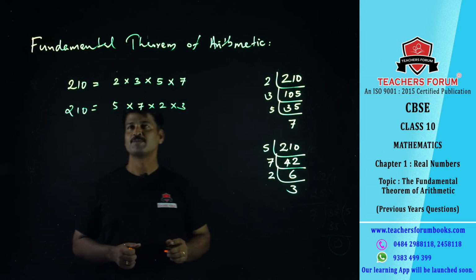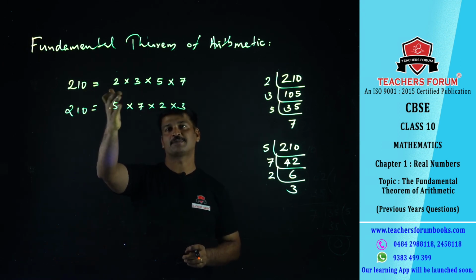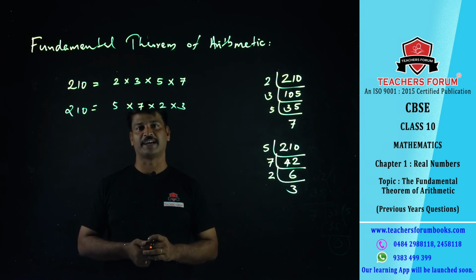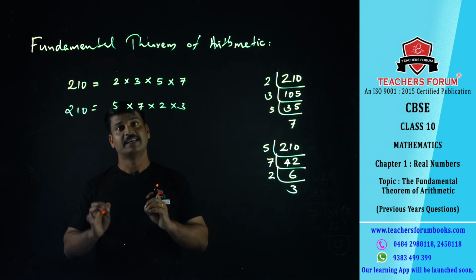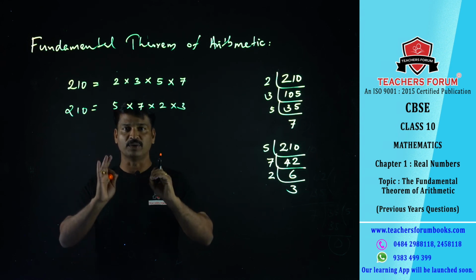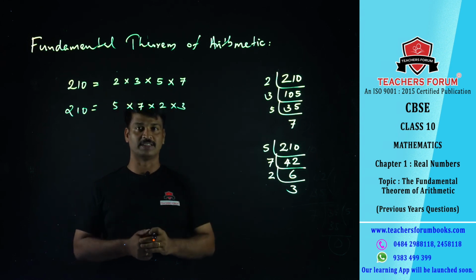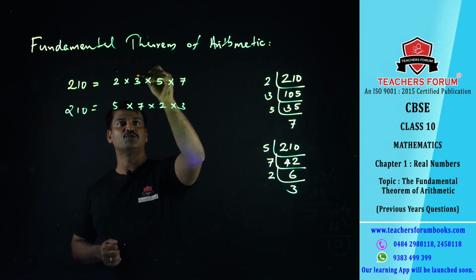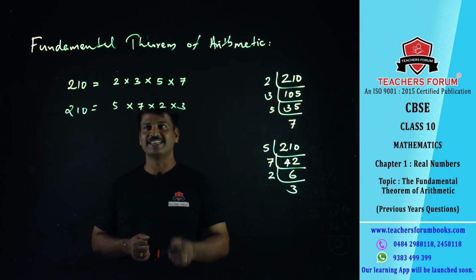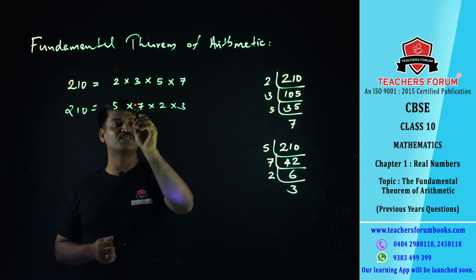That is, every composite number can be expressed as a product of primes, and this factorization is unique apart from the order in which these prime factors occur. That means 210 we can factorize as 2 into 3 into 5 into 7. It can also be factorized as 5 into 7 into 2 into 3.